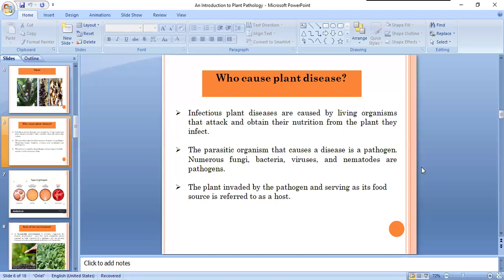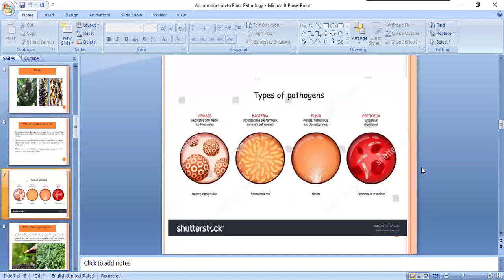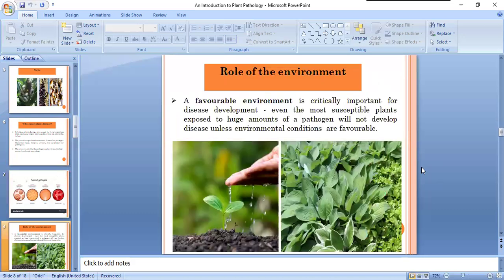The parasitic organism that causes disease is a pathogen. A number of fungi, bacteria, viruses, and nematodes are pathogens. The plant invaded by the pathogen and serving as its food source is referred to as a host. These are the types of pathogen: bacteria, viruses, fungi, protozoa, nematodes.